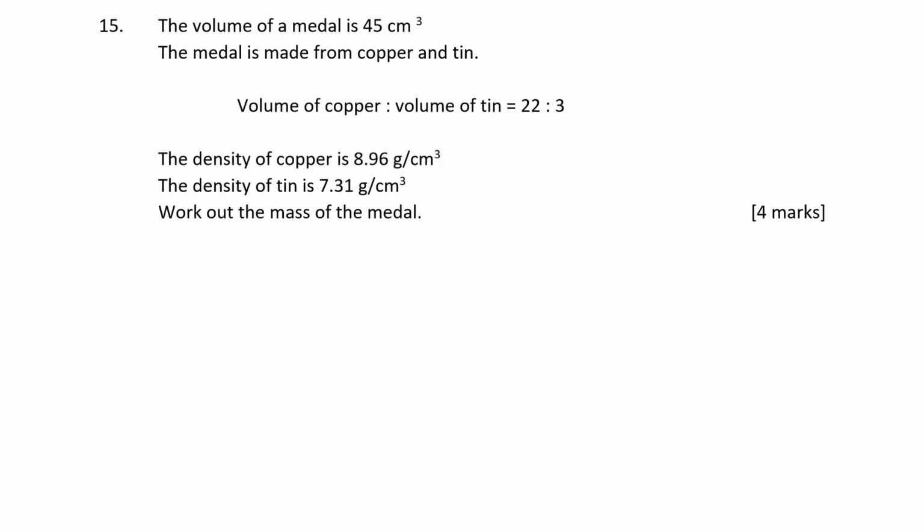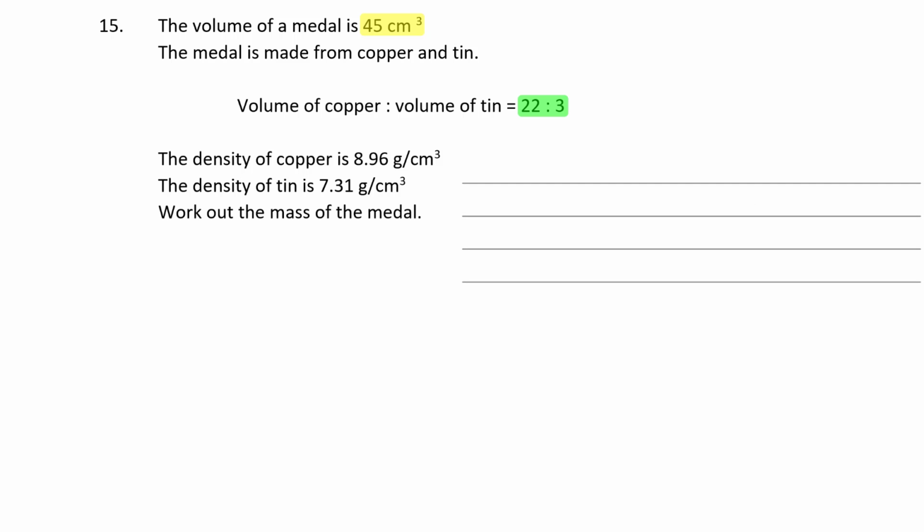We've been given the volume of the medal, it's 45, and we know it's divided up in the ratio of 22 to 3. So let's divide up that volume into the 2 ratios then. So my 45, I'm going to split into a ratio of 22 to 3. So basically I'm dividing a number by a ratio, aren't I?